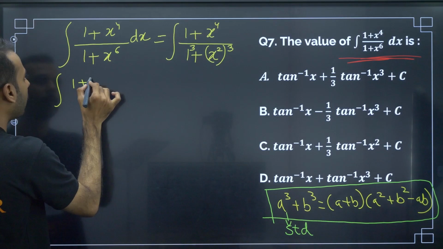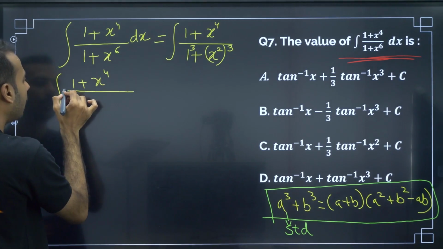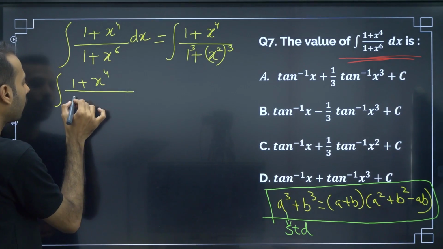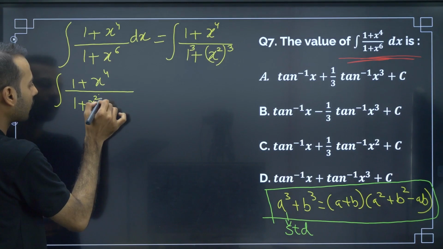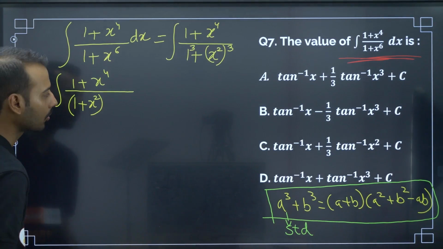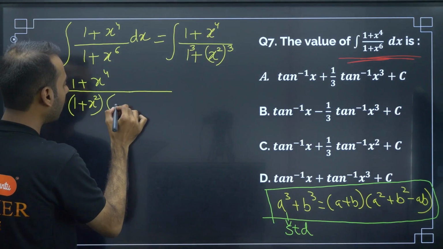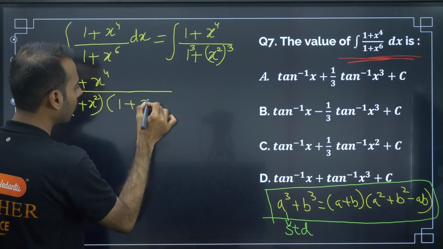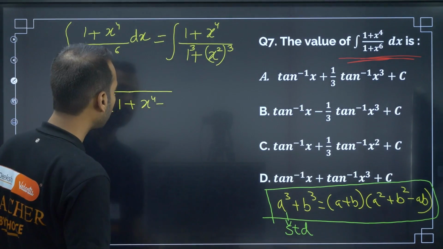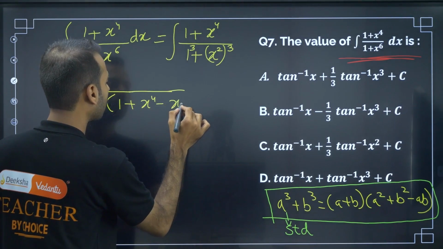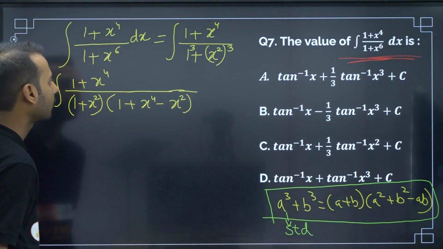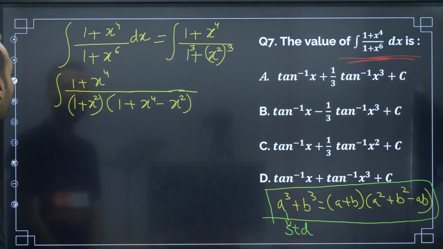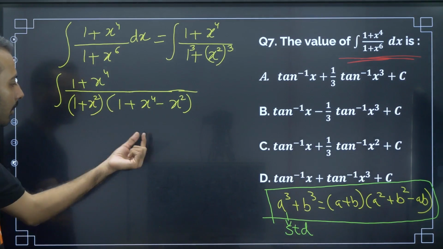Numerator, for one moment I am placing it as it is, by a cube. In place of a cube, 1 plus x square. Next, 1 plus x4 minus x square. The denominator can be written like this using that.